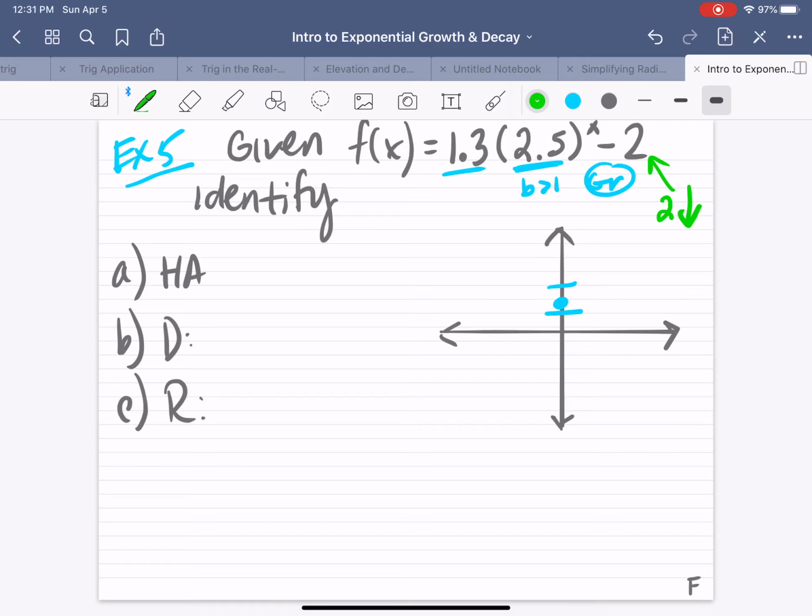Well, here, let me go back. So notice that we said that the HA will be at y equals 0 all the time. But if we move the graph 2 units down, if you subtract 2 from 0, your new HA will be at y equals -2. So let's graph it so you can see it.